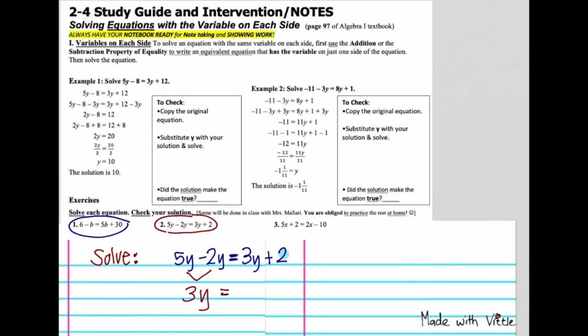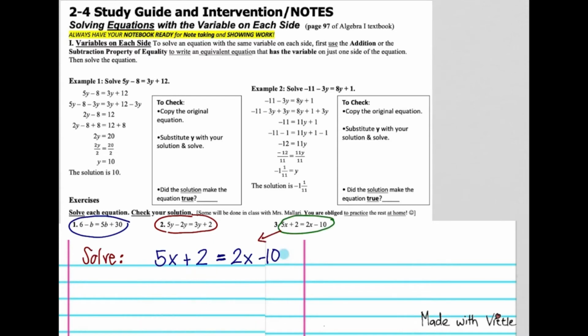Then equal sign, copy the rest of the expression on the right side, 3y plus 2. Then you can eliminate that 3y on the right side by doing the opposite or inverse operation. Both will cancel out because they're opposites. What's left on the right side is the 2. The other side is 0. Therefore, this equation is false because 0 cannot be equal to 2.